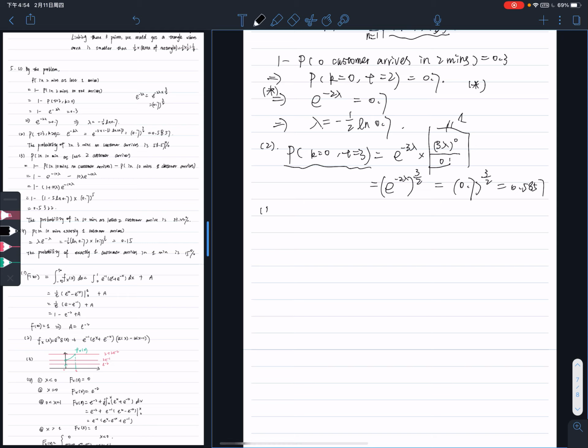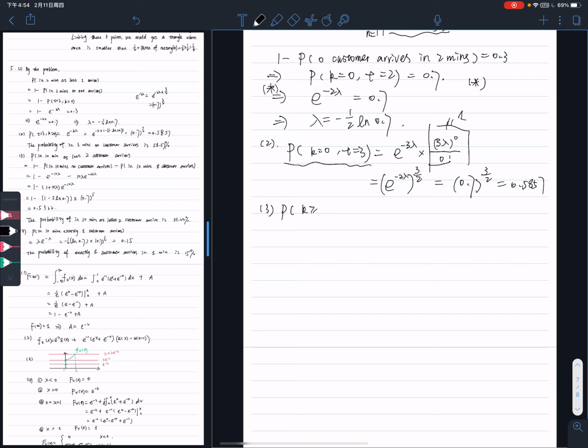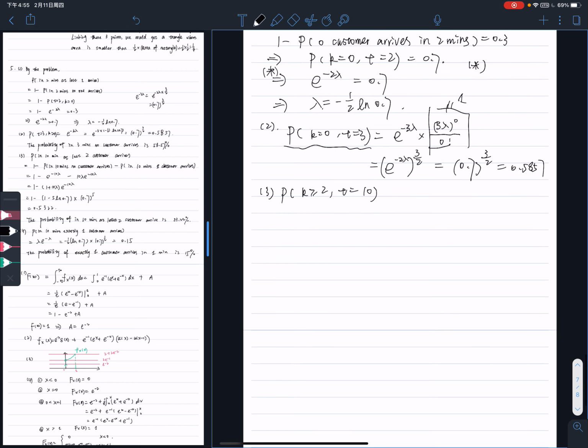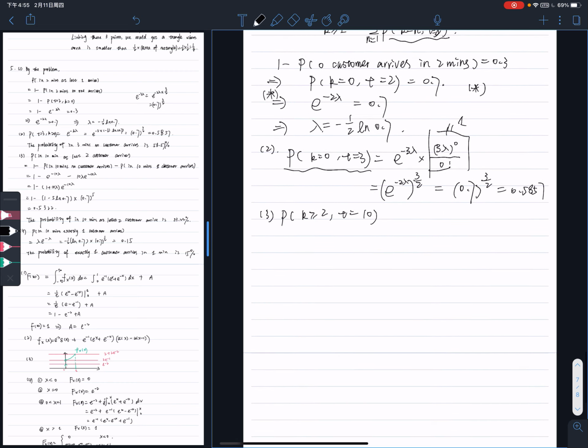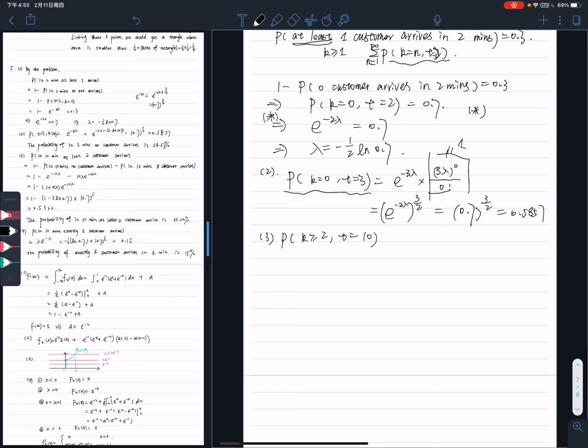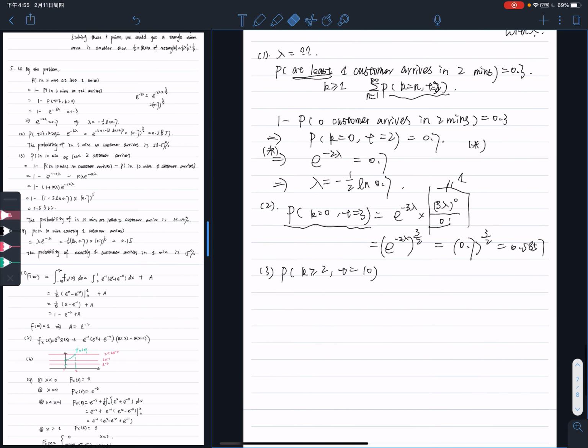For the third part, we want the probability that at least 2 customers arrive, so k is larger than or equal to 2 with t equals 10. If we directly solve it, it is really hard because it has infinitely many terms, same as in the first part.